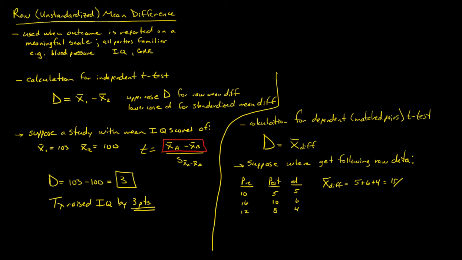To get a mean, you divide by the total n, divided by 3. 15 divided by 3 is 5. Okay? So if D equals the mean of the difference scores, then it is 5.